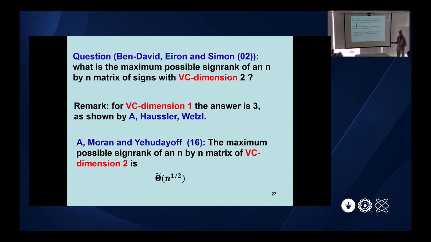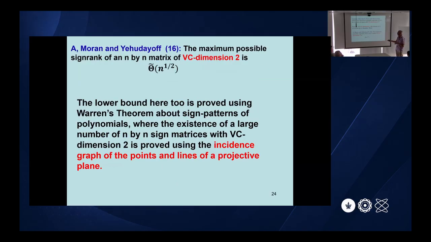That is both an upper and a lower bound. And again, the proof of the lower bound is almost the same as the one that I showed before. We just need to get many matrices of VC dimension 2 for the counting argument.